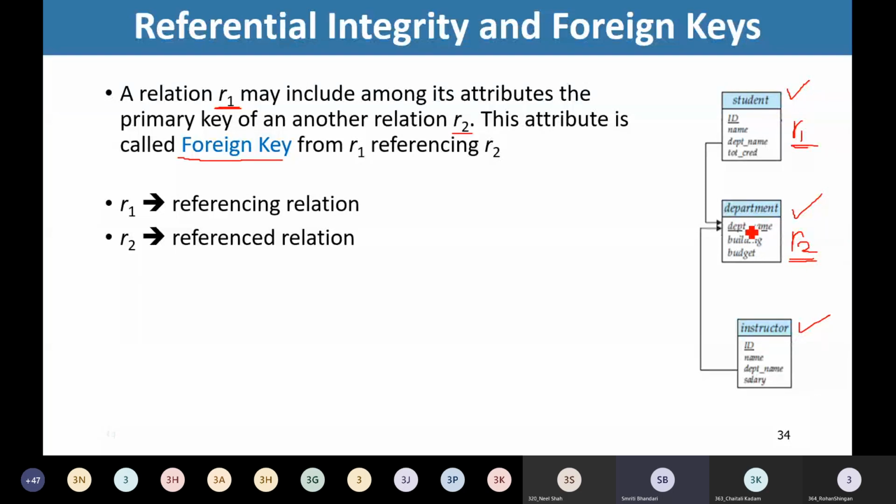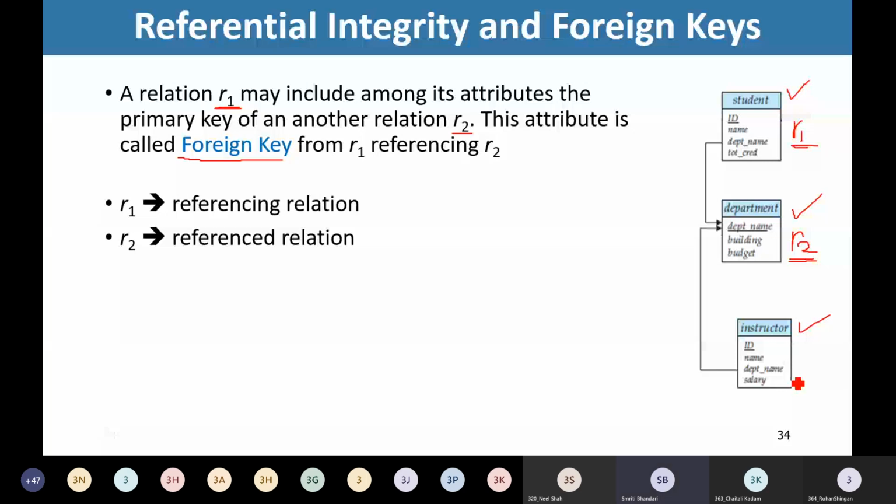Department. So instructor is the referencing relation and department is the referenced relation. The department name attribute in the student relation is the foreign key. Department name in the instructor relation is the foreign key.